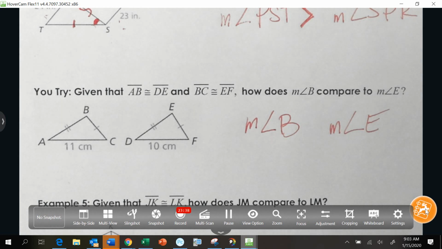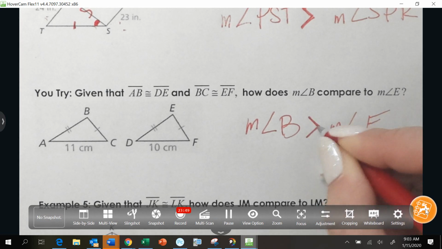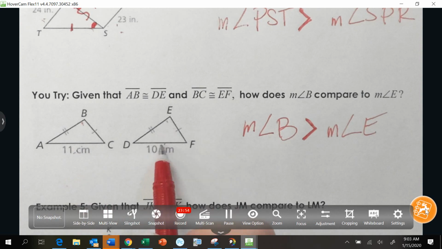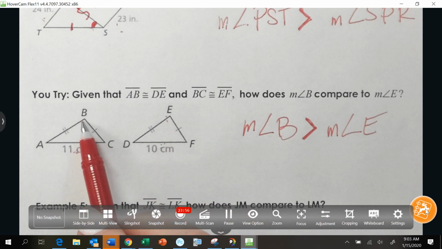Maggie, what do you think it is? The angles are equal? No. B is bigger, greater than, because the side opposite B is greater than the side opposite E. Right.